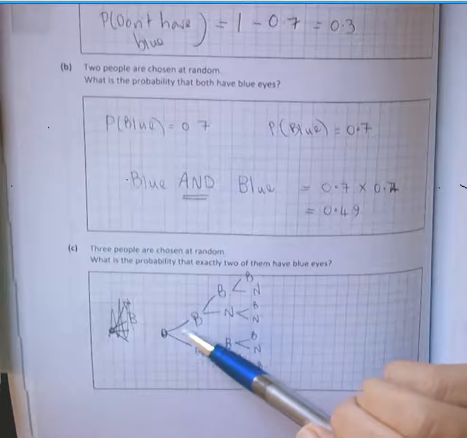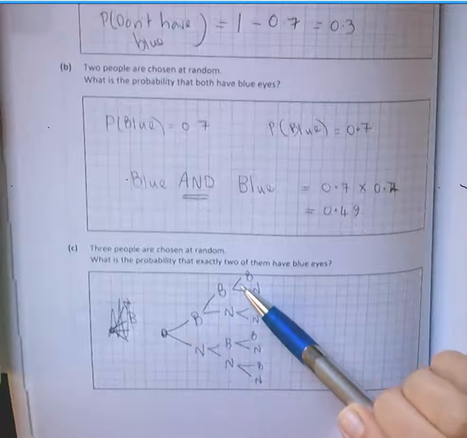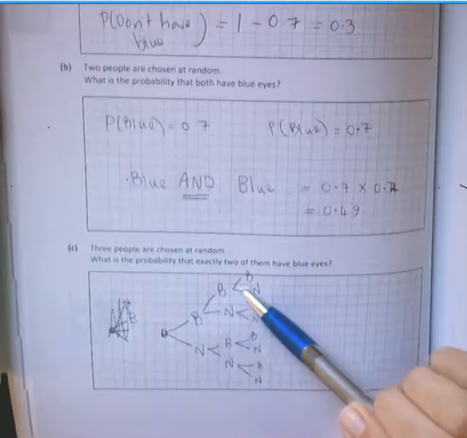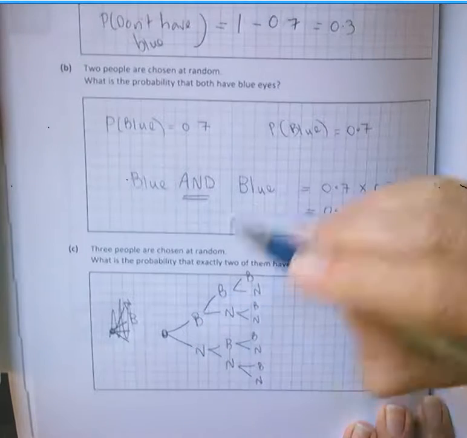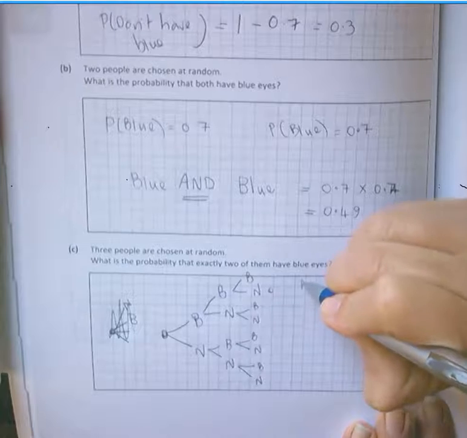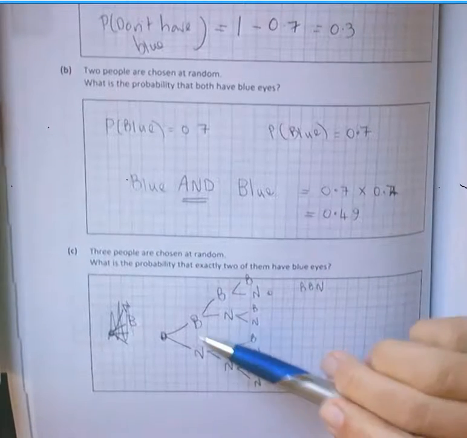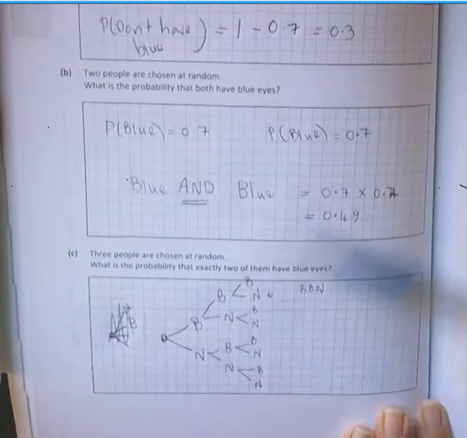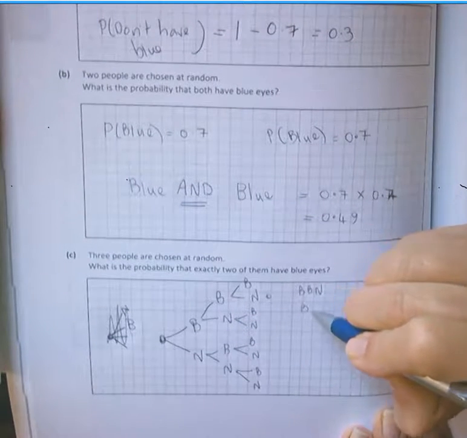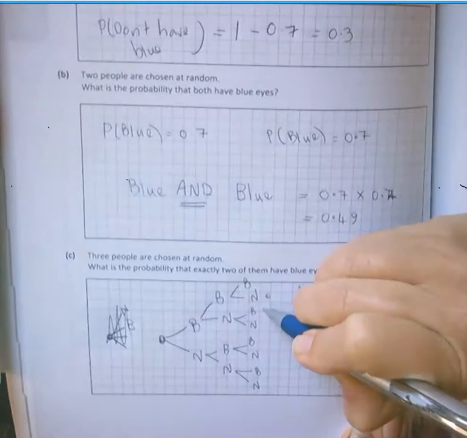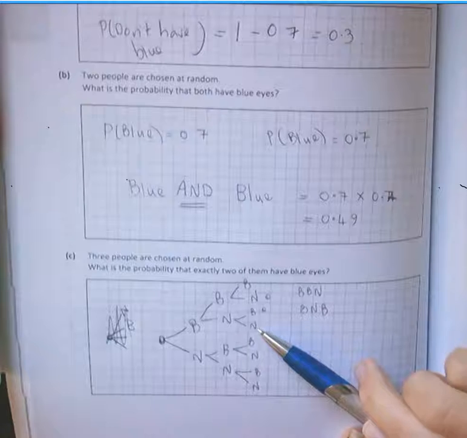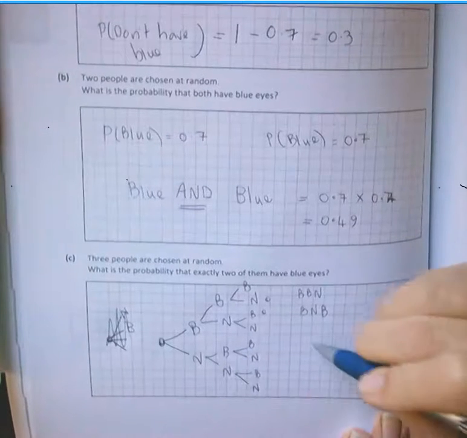If we look along our first branch of our tree, we've got 3 blues, so that doesn't count. Going this way, we have a blue and an N, so 2 of them have blue eyes. Third branch, blue, N, B, so that works again. Blue, N, N doesn't count. N, B, B works.